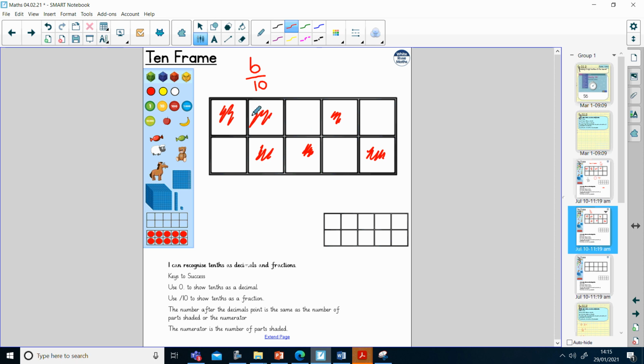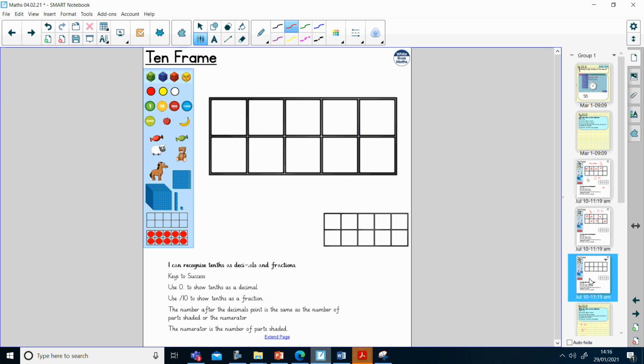Okay, 1 tenth, 2 tenths, 3 tenths, 4 tenths, 5 tenths, 6 tenths. 6 tenths is equal to 0.6. They are exactly the same. The numerator in my tenths fraction is the same as the number after my decimal point.